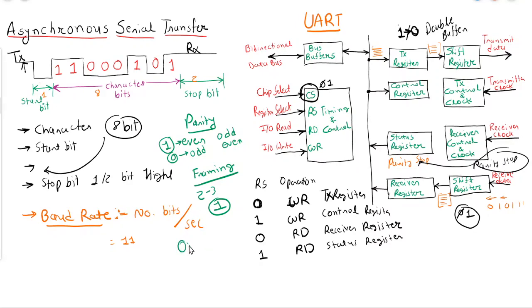Next is overrun error. When will an overrun error occur?